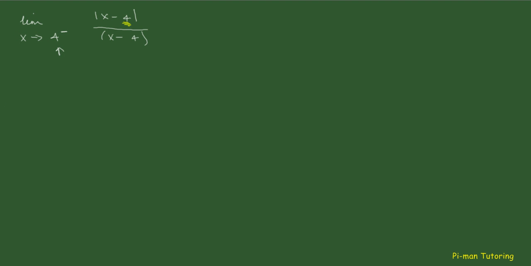Okay, so if x is greater than 4, then we know that the absolute value of x minus 4 is the same as x minus 4. And therefore, our function is just (x minus 4) over (x minus 4), which is 1.